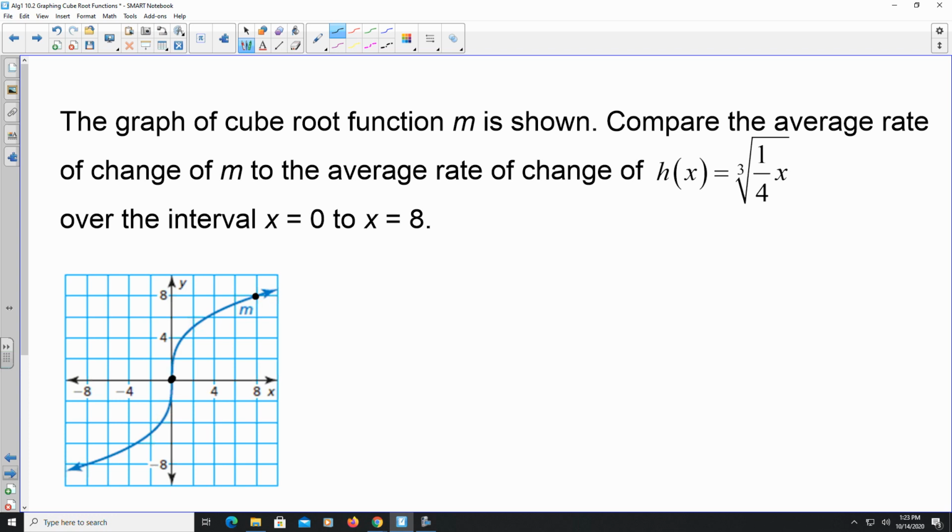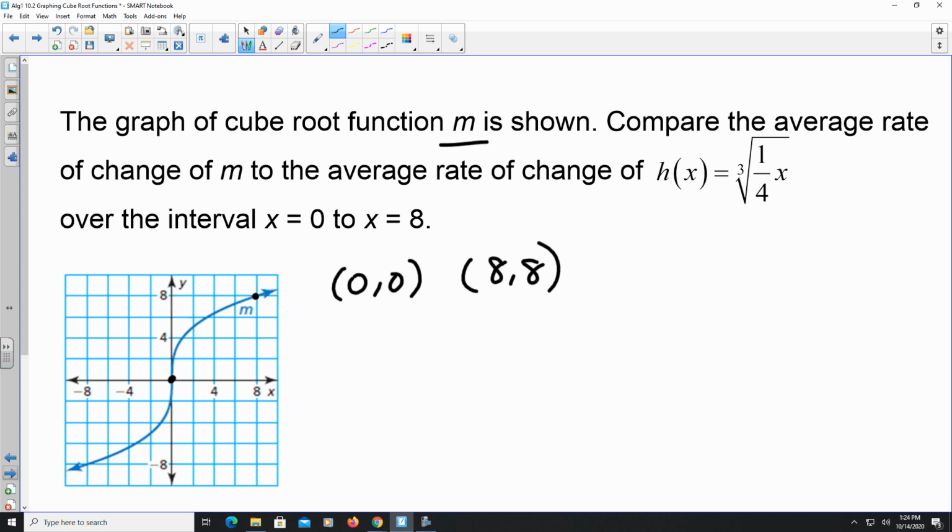In this particular graph, those coordinates are (0, 0) and (8, 8). Now we are going to use those coordinates and create an average rate of change for m.